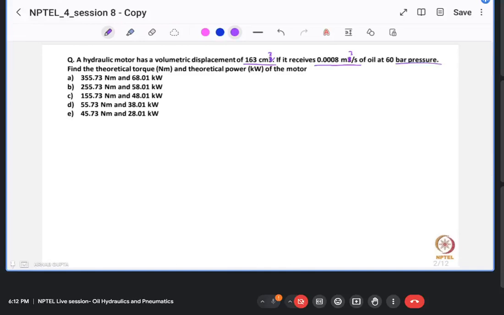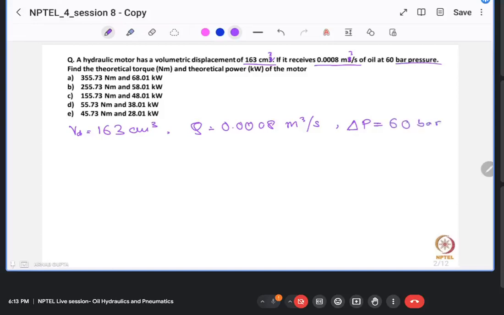I hope you have tried. So let's write the data. The displacement of the motor is 163 centimeter cube, and Q has been given as 0.0008 meter cube per second, and delta P, which is the pressure differential across which the motor is operating, is 60 bar.